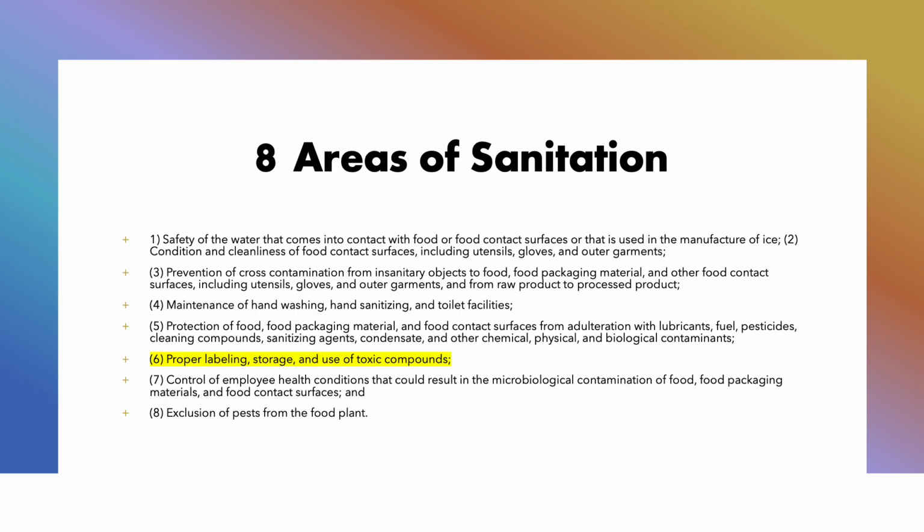The 8 areas of sanitation are required to be monitored, document the monitoring, corrected, document corrections, and the 8 areas need to be in compliance with 21 CFR 117 subpart B. This class is about proper labeling, storage, and use of toxic compounds. But take a look at the other 7 as well.